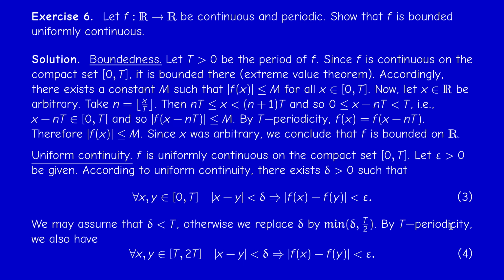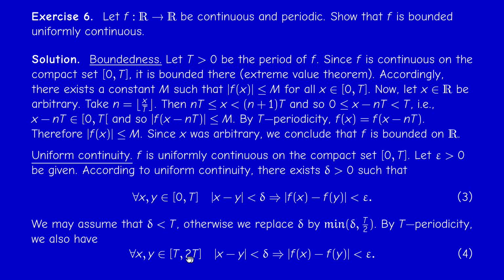Now, of course, I may assume that delta is smaller than t, because if this works for delta, it works for any smaller delta. So delta can be chosen as small as I wish. And now this condition holds for [0, t], but by periodicity, it also works for x and y in [t, 2t], because I just do a translation.